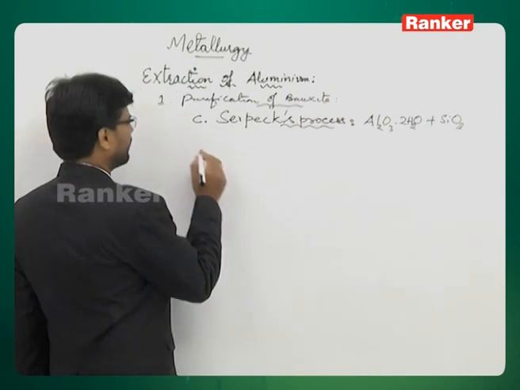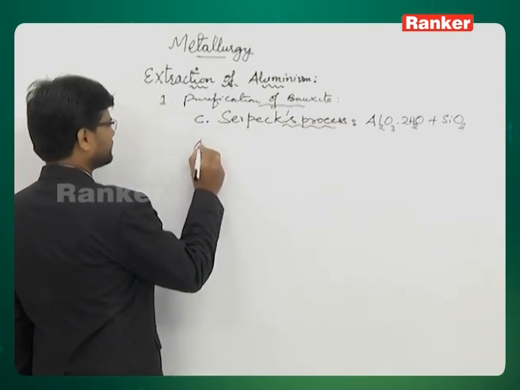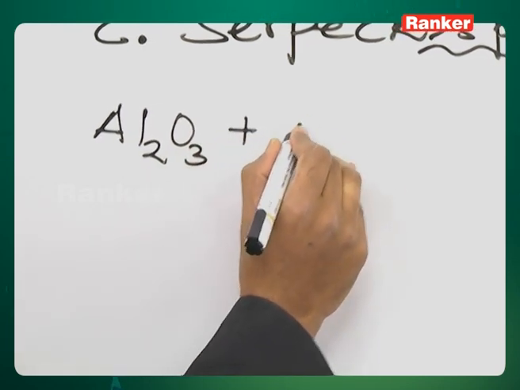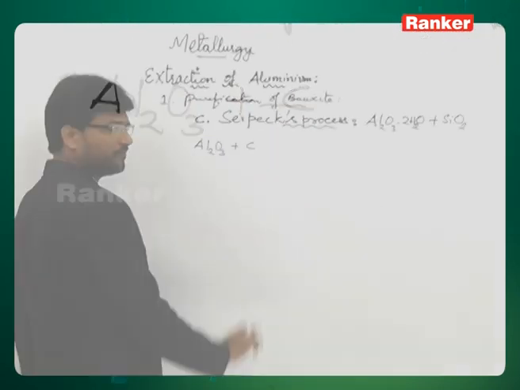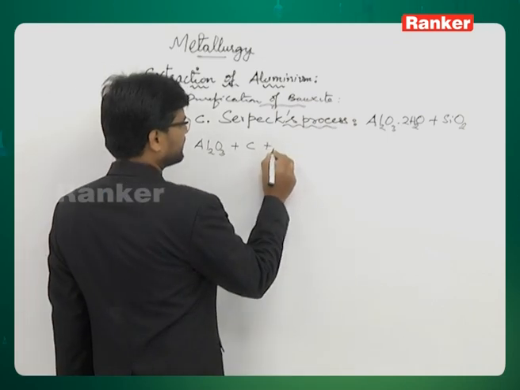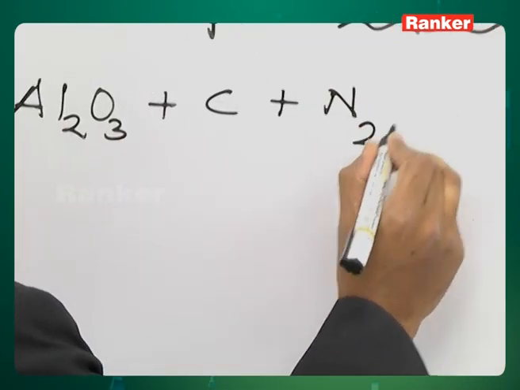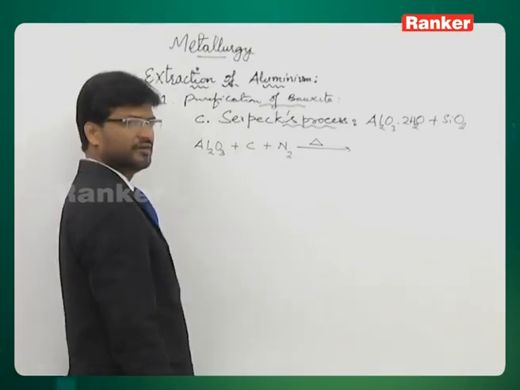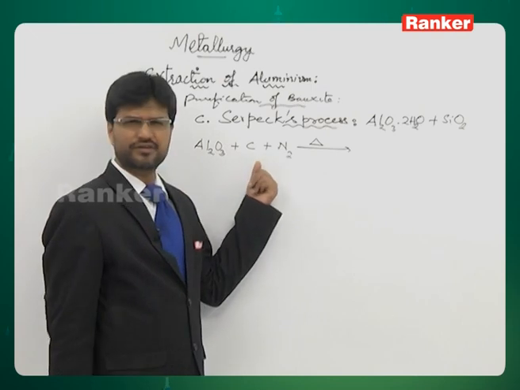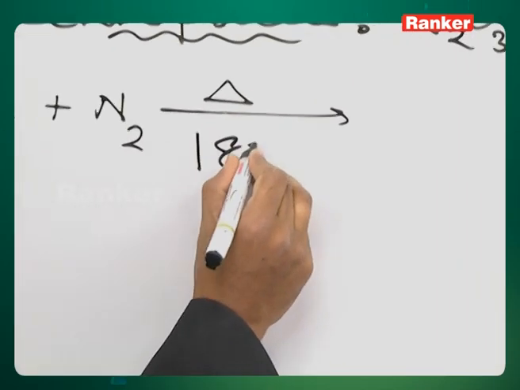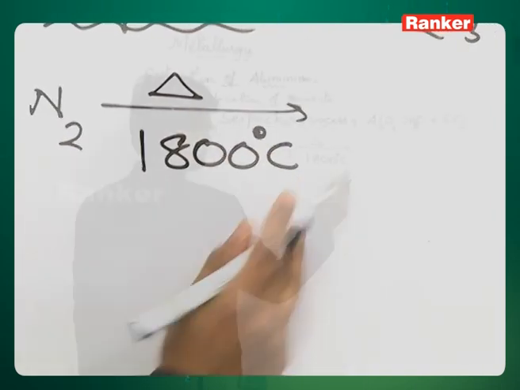Now, what we do here is we mix the powdered bauxite ore with coke and heat it in an atmosphere of nitrogen gas at about 1800 degrees Celsius.